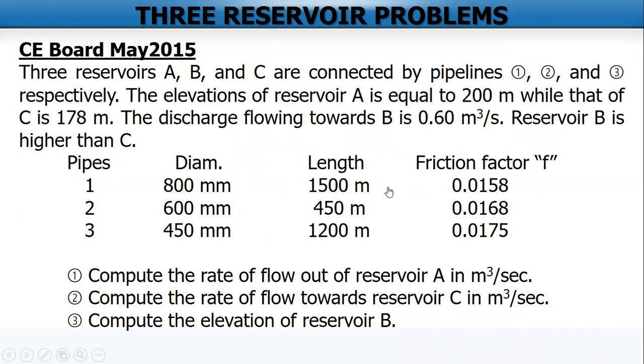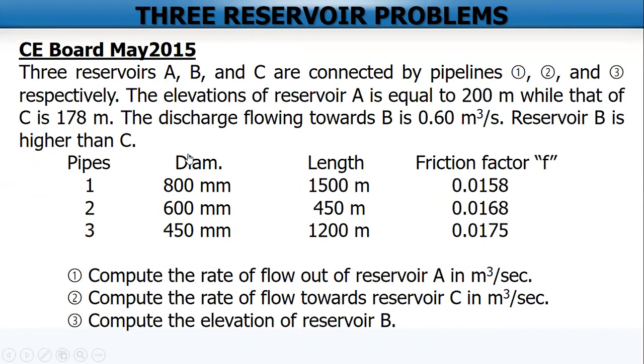3 reservoirs A, B, and C are connected by pipelines 1, 2, and 3 respectively. The elevations of reservoir A is equal to 200 meters, while that of C is 178 meters.